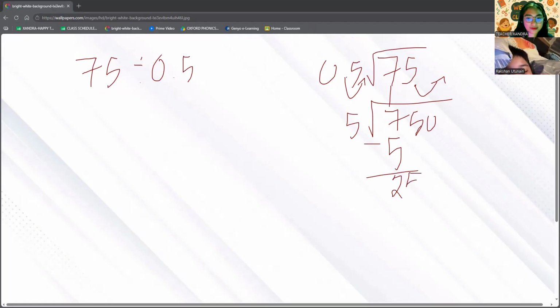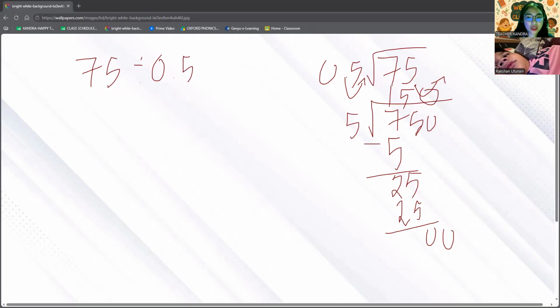Bring down 5. 5 times 25. Bring down 0. Cannot divide 0 by 5, so you write down 0.